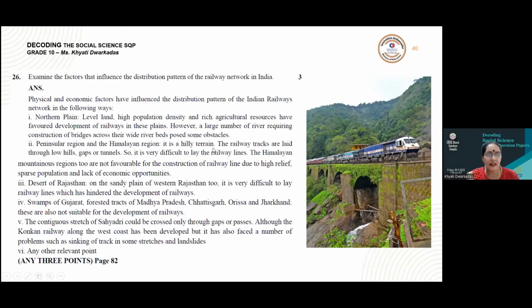Then there is the question: examine the factors that influence the distribution pattern of the railway network in India. There are 5 or 6 points in the book, but they are expecting only 3 points. When you examine, you can guide your students to show the pros and cons, not only one side, because it's only then that you are examining.